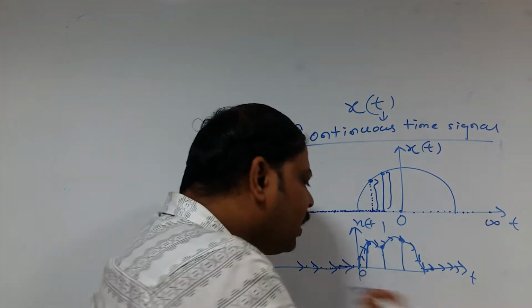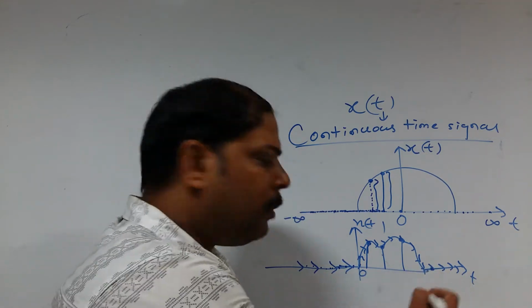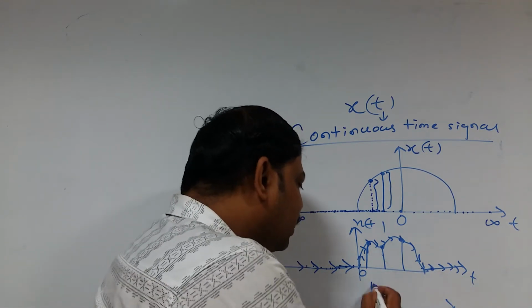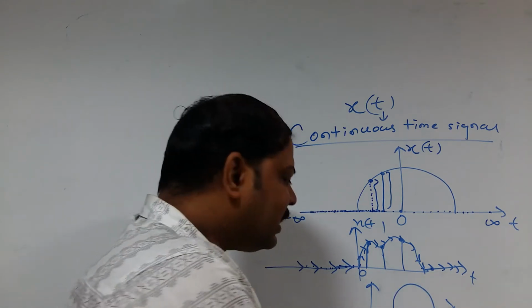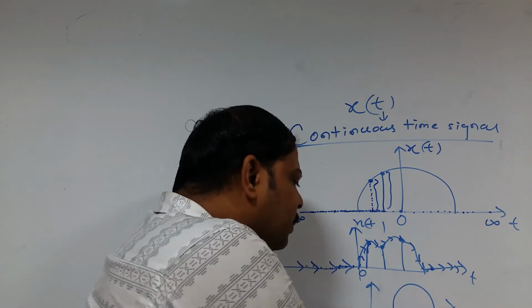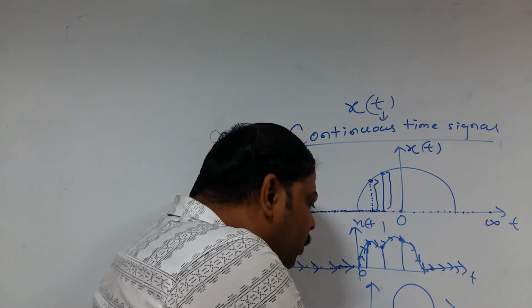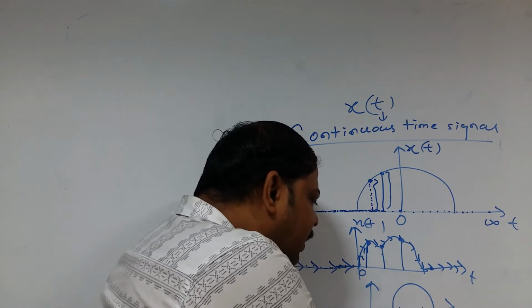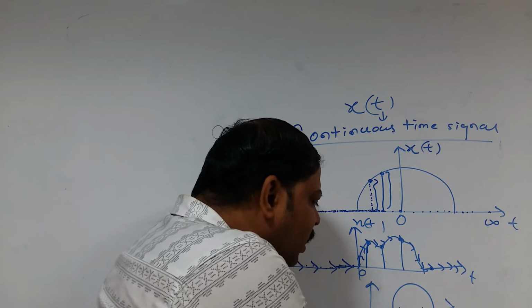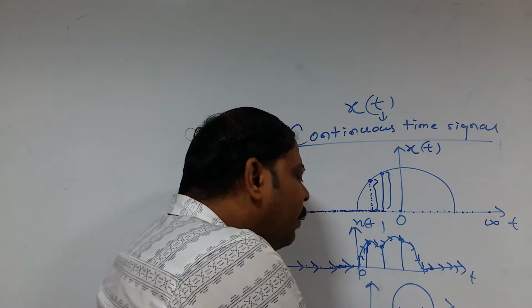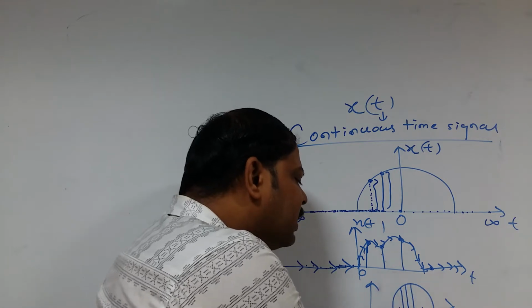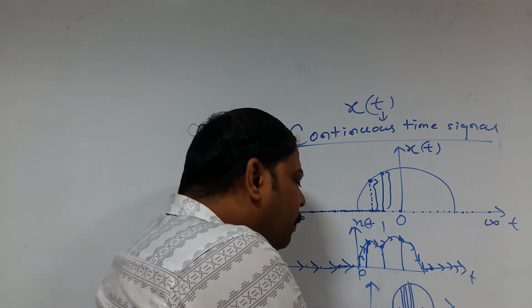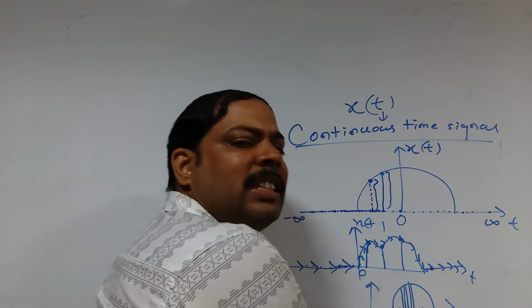Now suppose you have another signal, and I say that the signal exists from this point to this point. Within a particular range, suppose this is t1 and this is t2, the signal value exists for each and every point. Every time point between t1 and t2 exists.